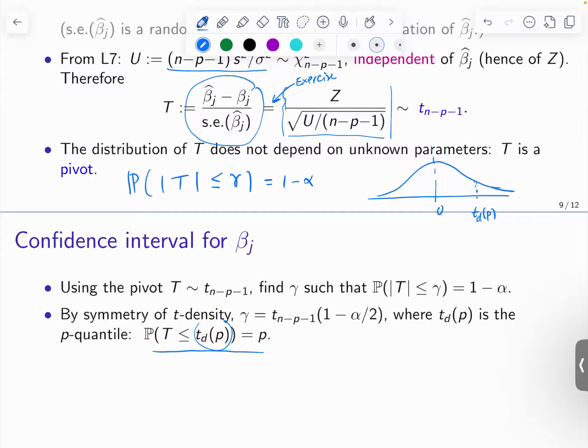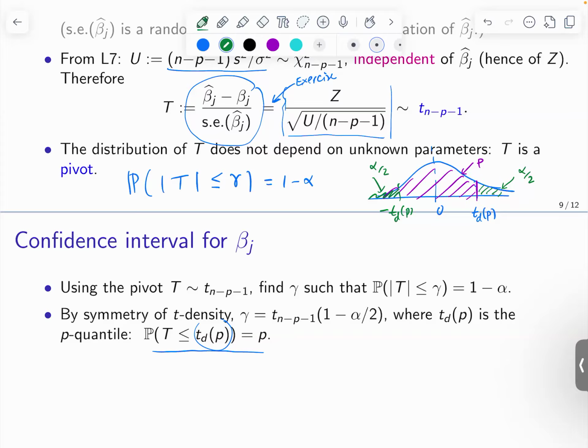So the area below this value is p. If I construct it such that the area above is alpha over 2, then the area below the negative of this value would also be alpha over 2 by symmetry.